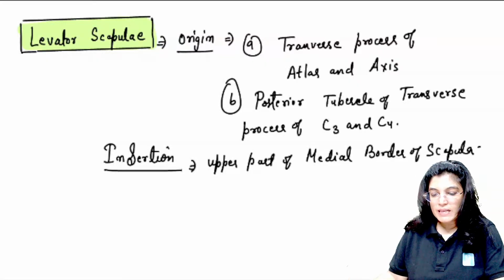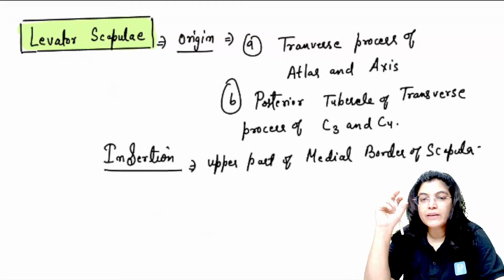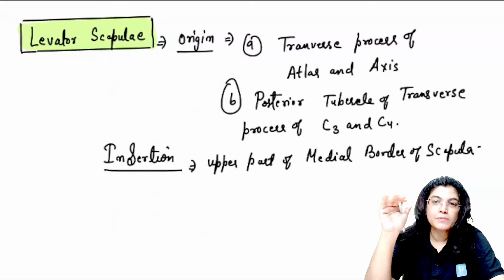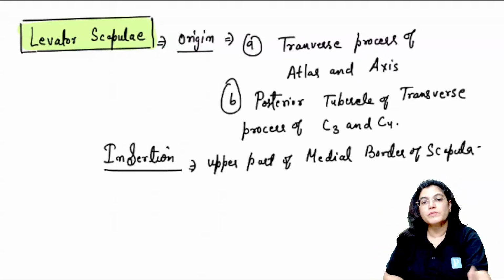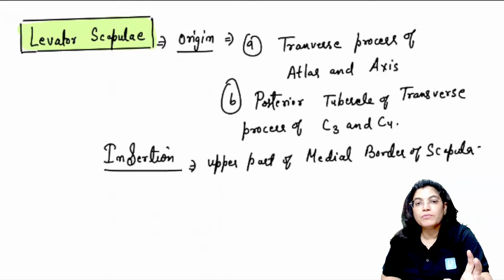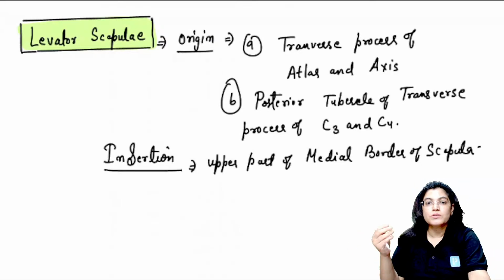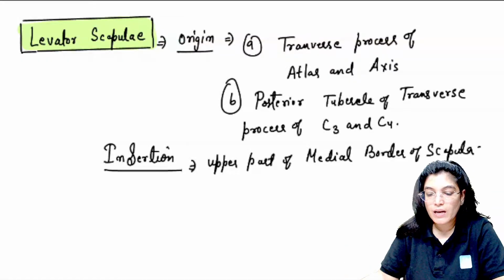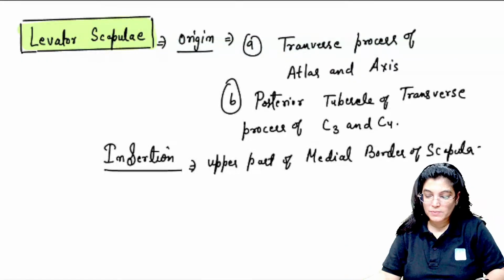Basically, if you want to know the exact part, it is inserting between the superior angle and the smooth medial end of the scapular spine. On the medial posterior dorsal aspect of the scapula, its extent of insertion is from the superior angle of scapula to the medial end of the spine of scapula.